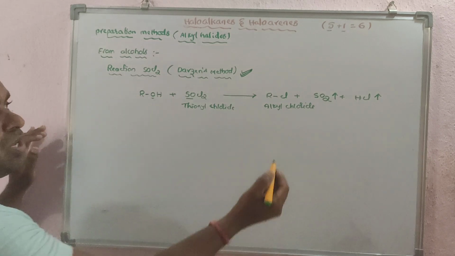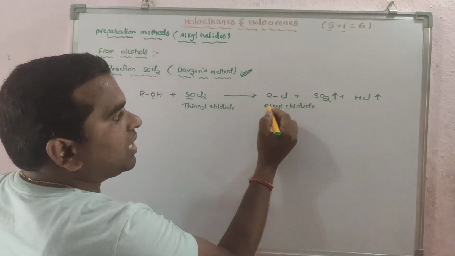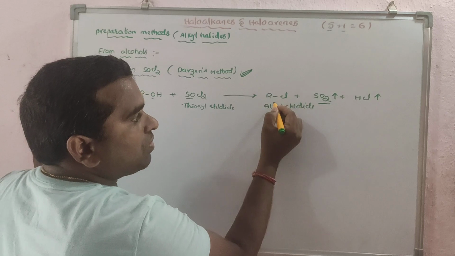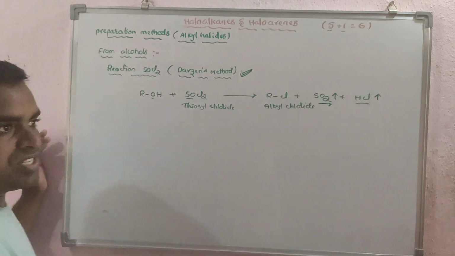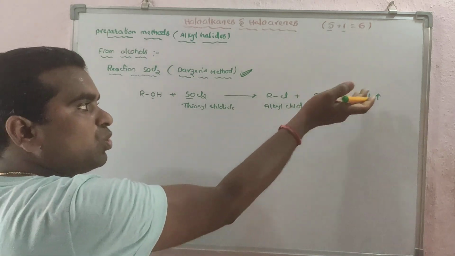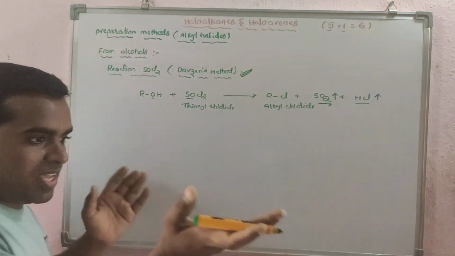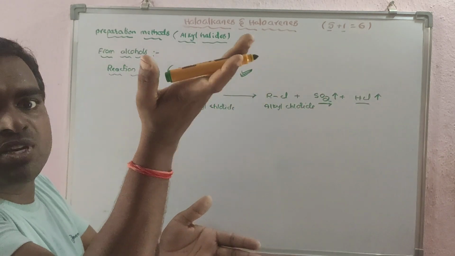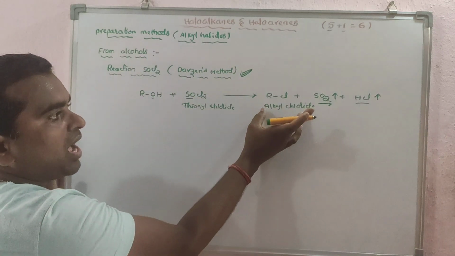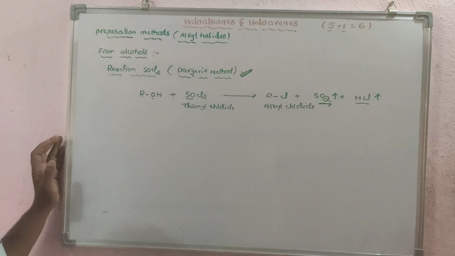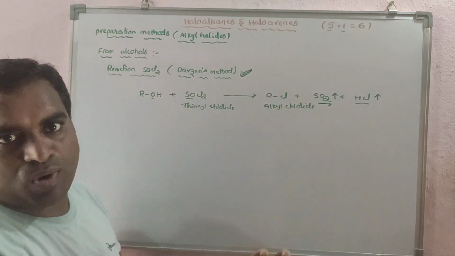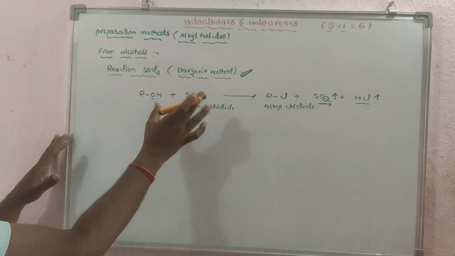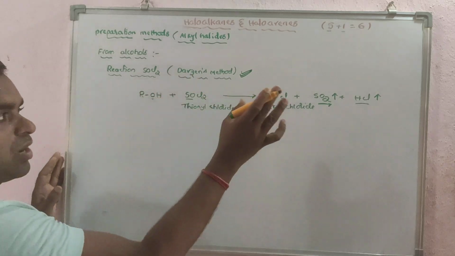Because the byproducts generated along with the alkyl chloride are SO2 and HCl, and both are gases, so they escape from the reaction mixture. You will get the pure alkyl chloride, so no further purification of this compound is required. That's why it is a very convenient method to prepare alkyl chlorides.